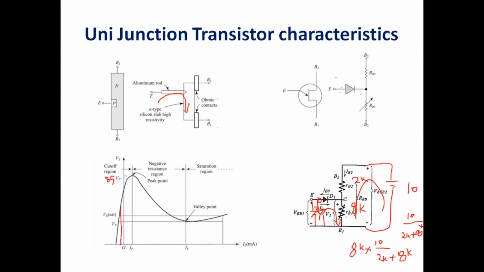The current passing through 50 ohm gives a drop across it, and this diode drops 0.5. So if the drop is something around 2.5, then 2.5 plus 0.5 is 3. Okay, I will show you the actual value.